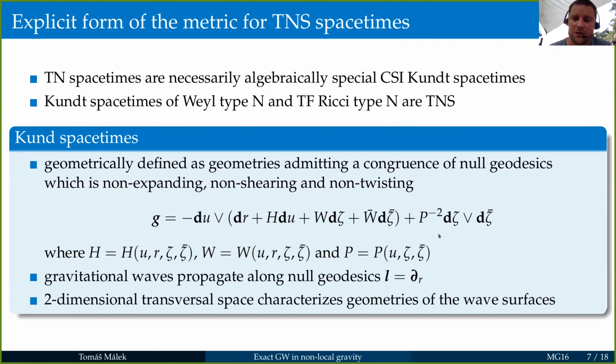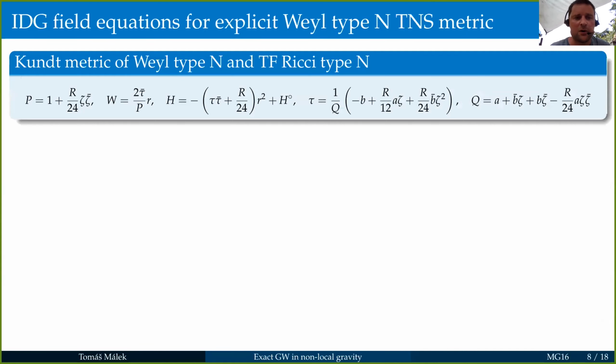This transversal 2-space characterizes the geometry of the wave surface, where the gravitational waves are propagated along the null vector L, the Kundt non-expanding, non-shearing, non-twisting null vector. Okay, and for Weyl type N and trace-free Ricci type N, the metric function takes this form.